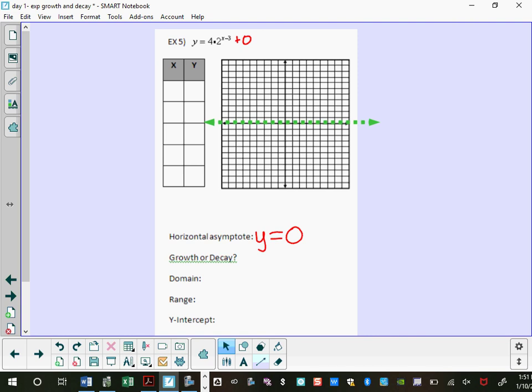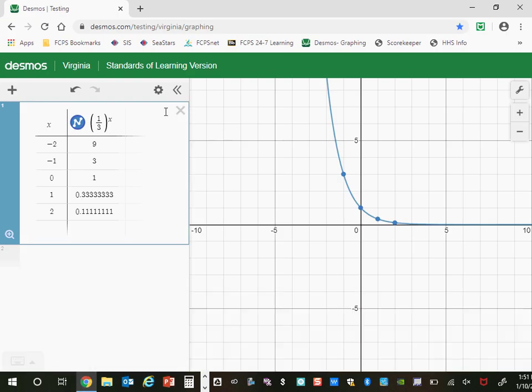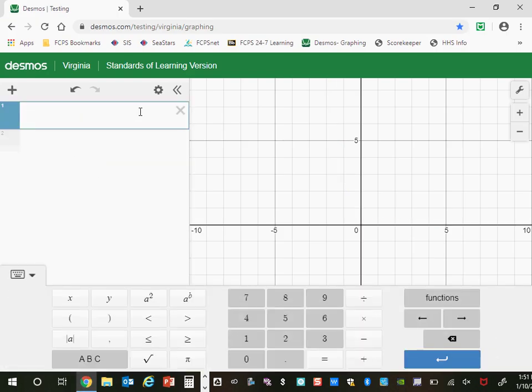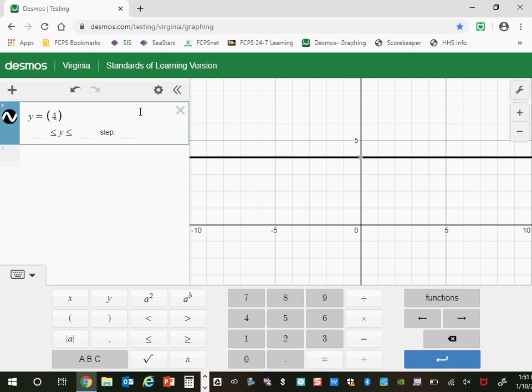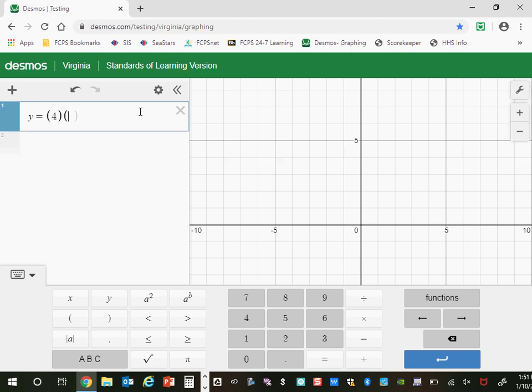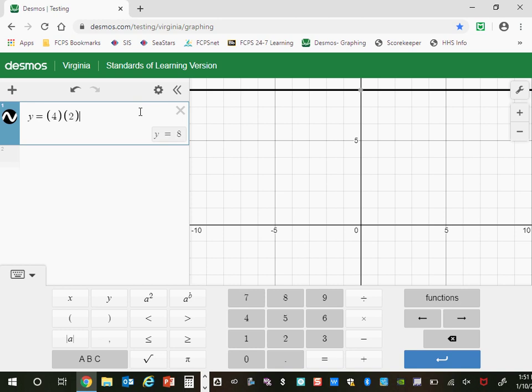All right, let's get some points. So my equation is y equals, and we have, I'll put the 4 in parentheses, 4 times 2 to the power of x minus 3.